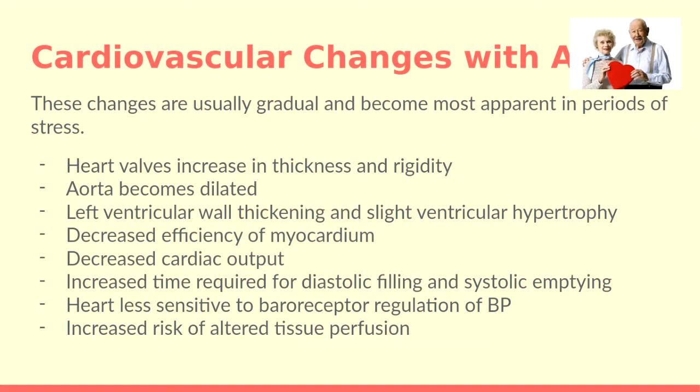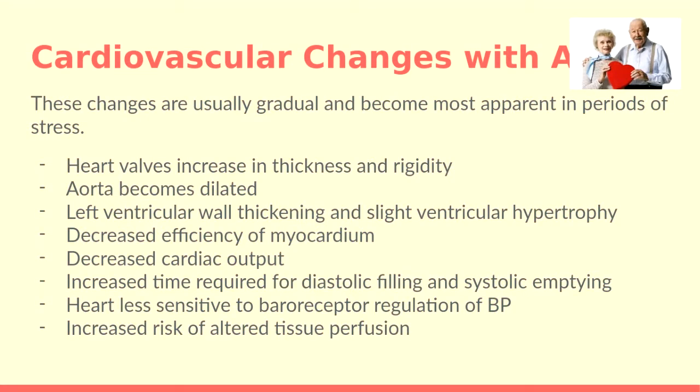I'll be talking here about some general changes that go along with aging. As we age, organs in our cardiovascular system go through various changes, and most of these changes are usually gradual, and they become more apparent in periods of stress.